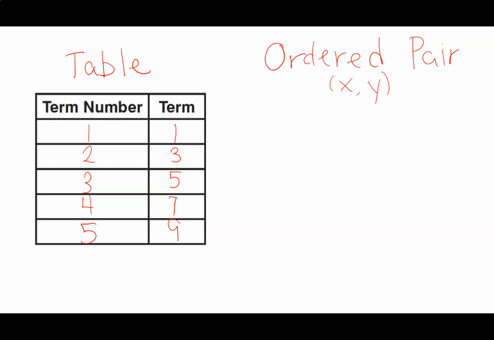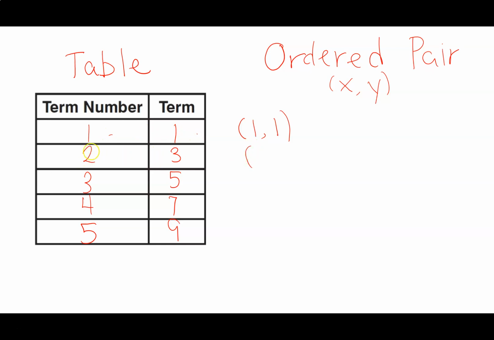When we're thinking of term numbers and terms, the term number is always going to be the x digit, so it will be listed first. If we want to write the data listed in this sequence table as an ordered pair, we can easily do that by first listing the term number, followed by the term. So this would be 1, 1.